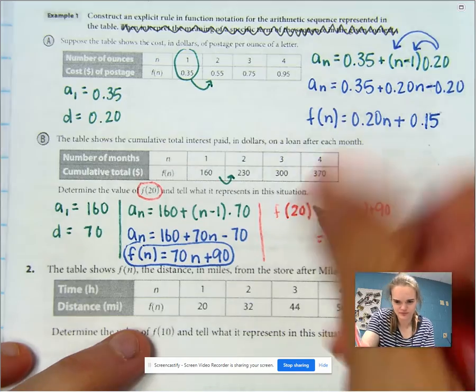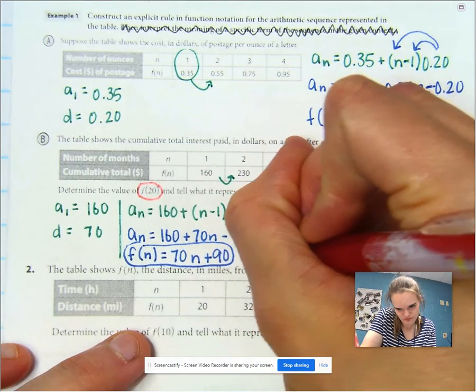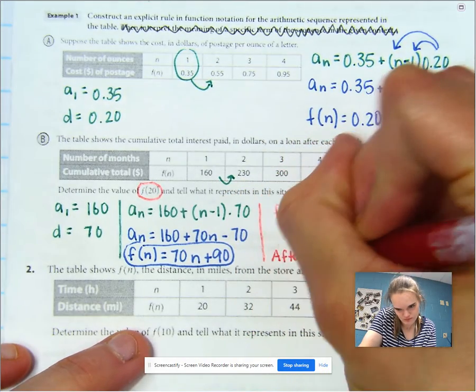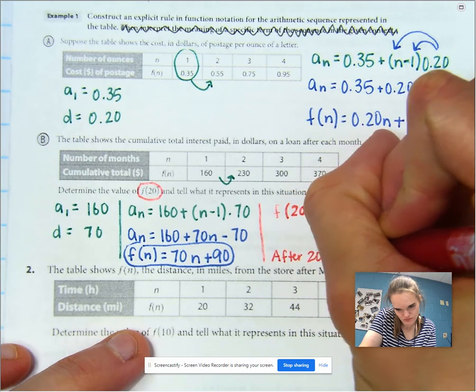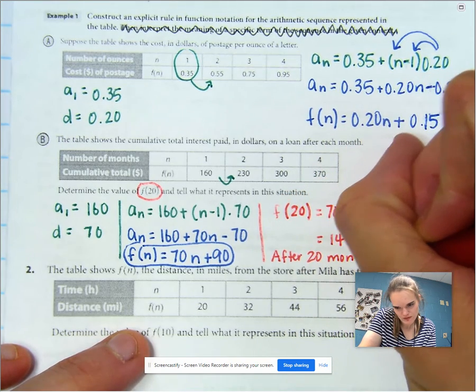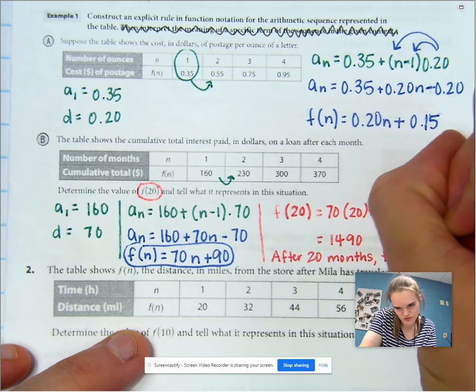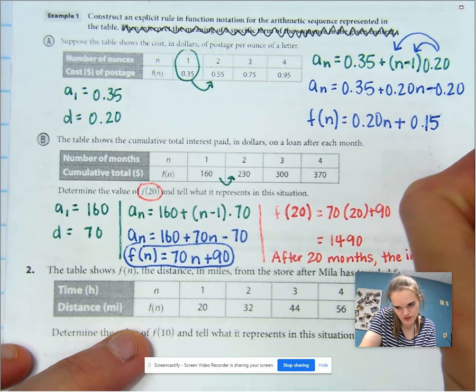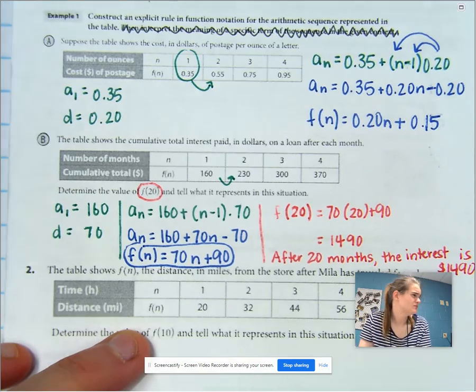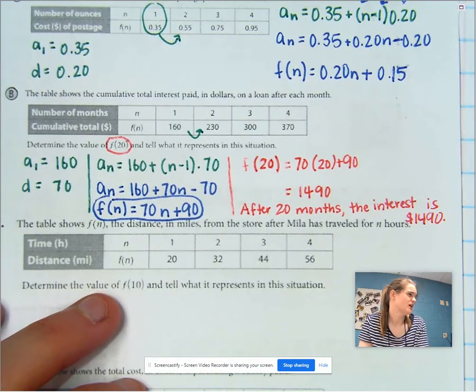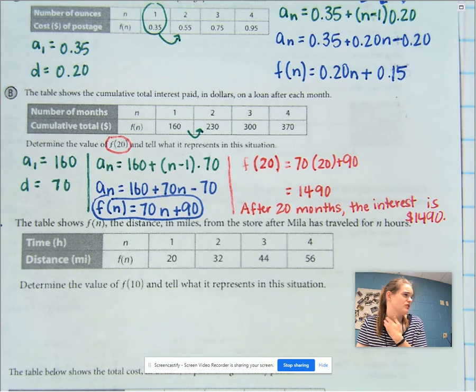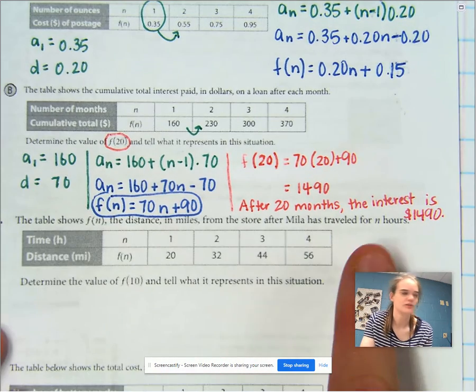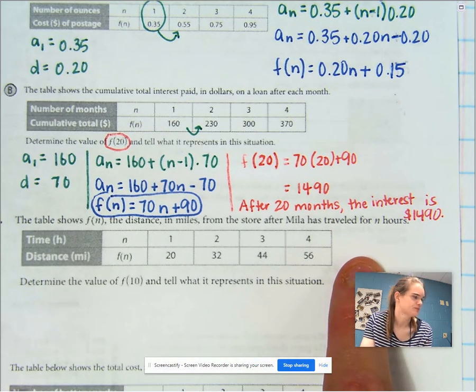After 20 months, the interest is $1,490. That's a lot to write right there, and I know that. Write as much of it as you can. Get it all. We'll put this over here now so that we have more room.